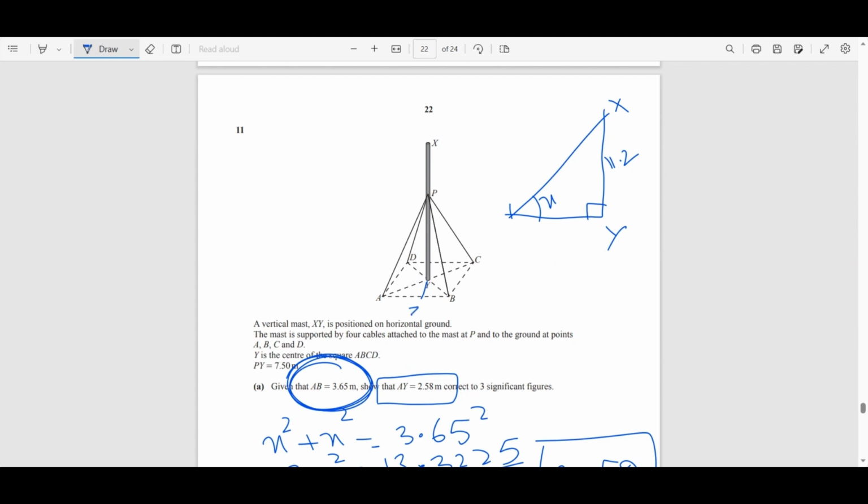I'm calling it Z, so this is also Z. Right, so because we know that Y is right in the center, that means this whole thing, because it's a square, it has to be BC, this whole length, and YZ is half of BC. So that BC is also 3.65 as a square. So half of 3.65 is 1.825. So let's quickly use tan.